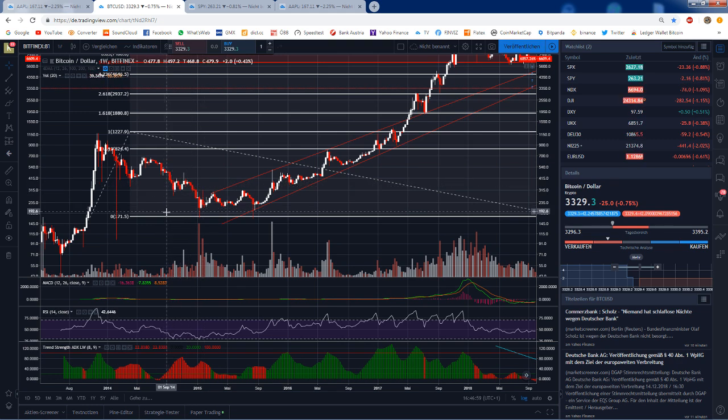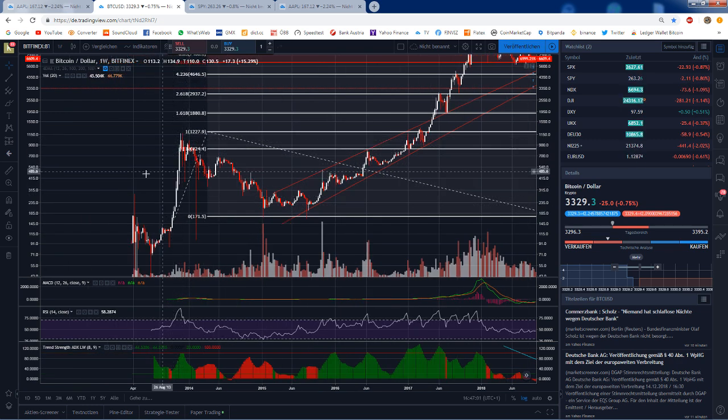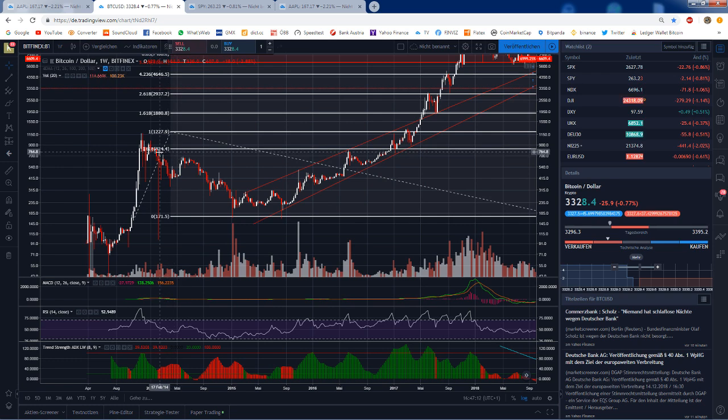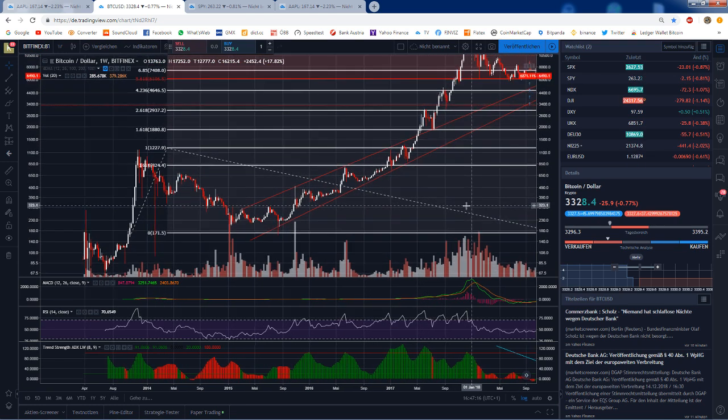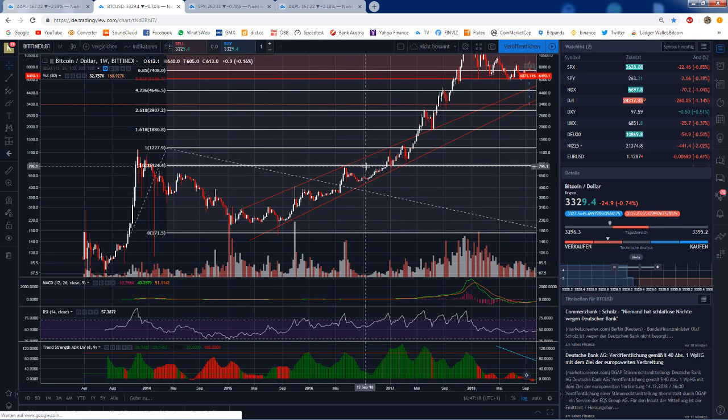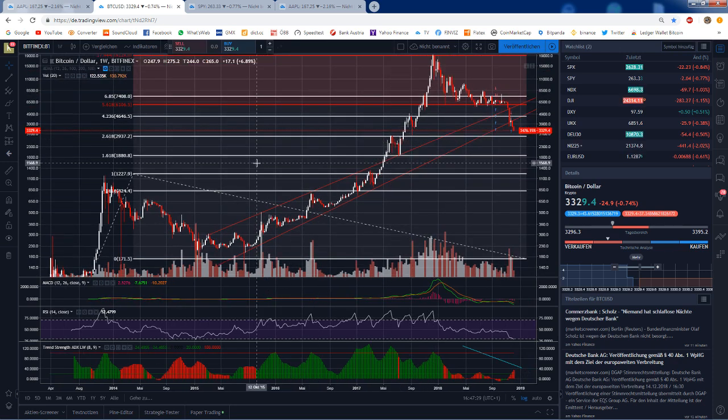So as you can see, we are going to measure from the move of 2014 and the big downtrend after it. And as you can see, the price has been respecting it quite nicely. We have resistance here, support, support again, a resistance, then again support, and you can see it's been trading very nicely between these channels.